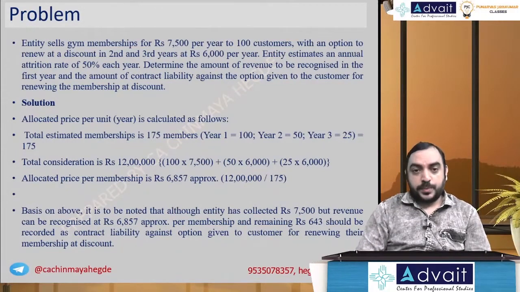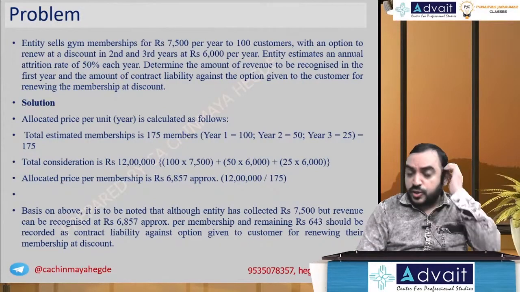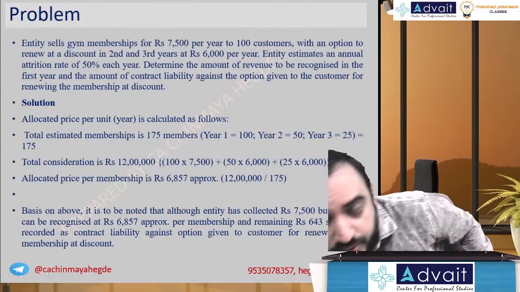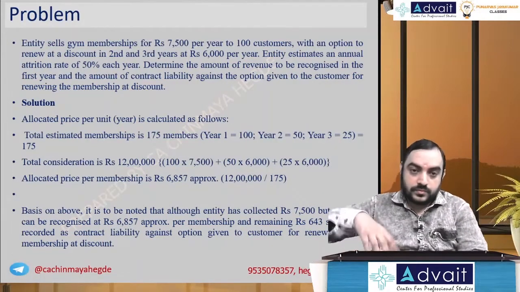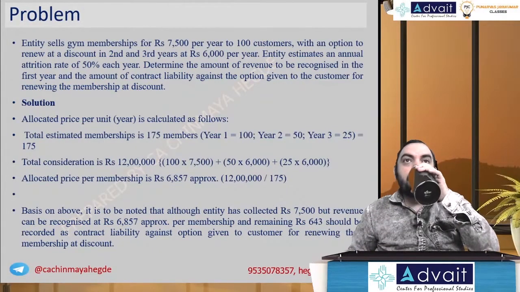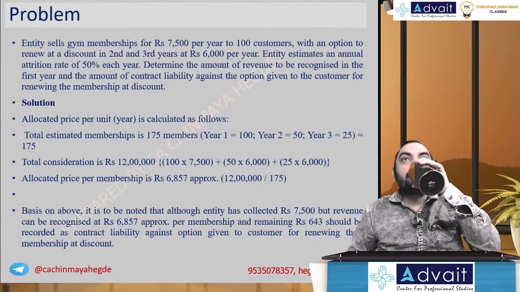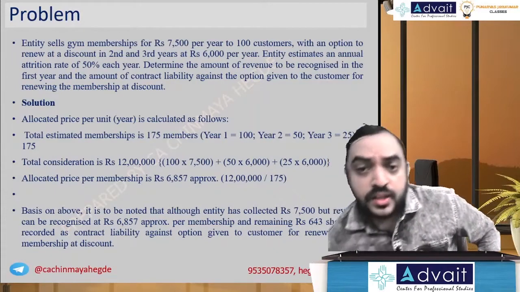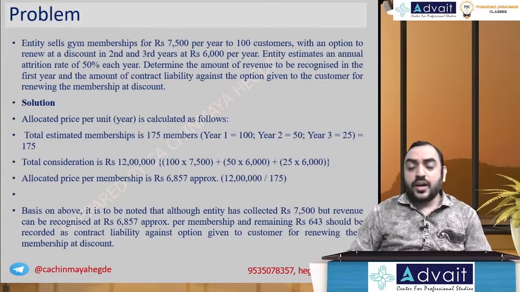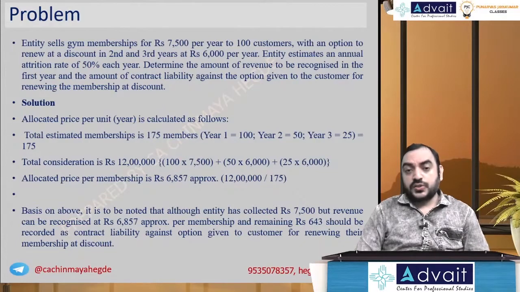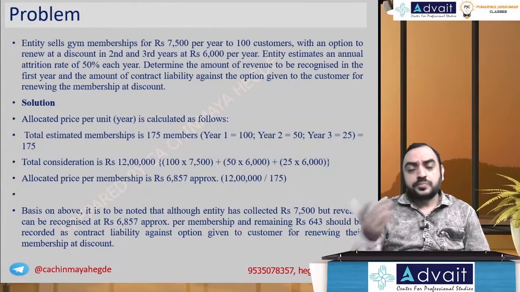An entity sells gym membership for rupees 7,500 per year to 100 customers with an option to renew at a discount in the second and third year at rupees 6,000 per year. So first year 7,500, second year you have a discount.